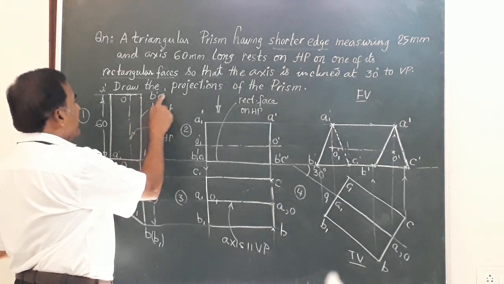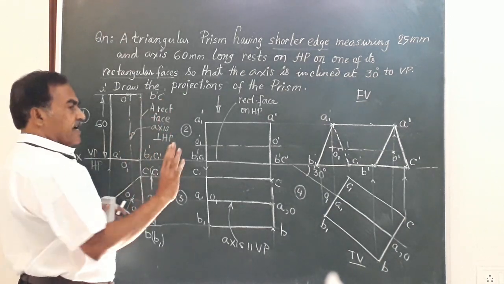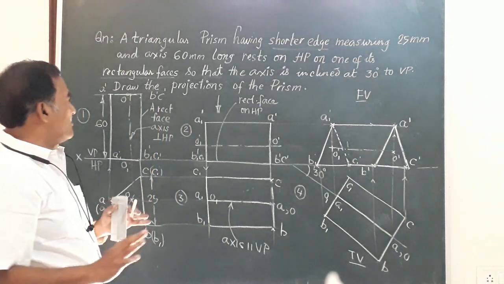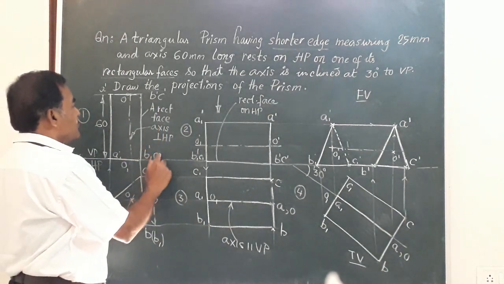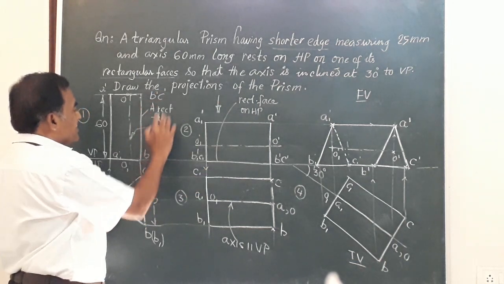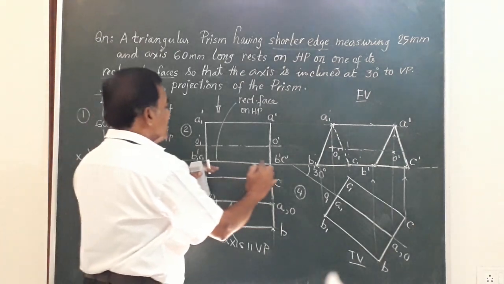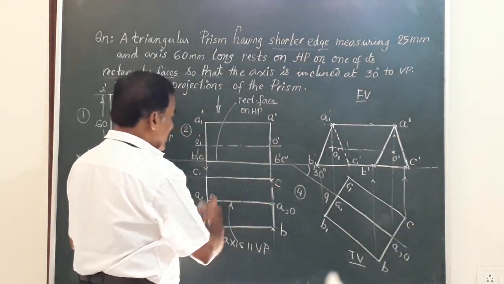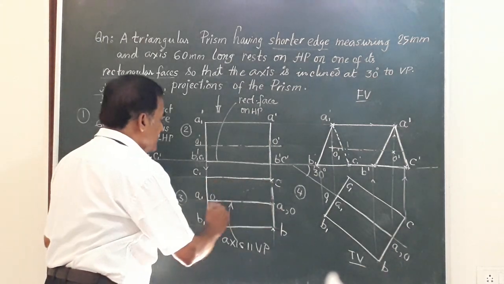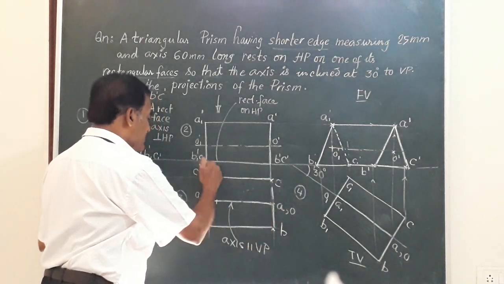B dash, C dash, B1 dash, C1 dash has got 4 points. It represents a rectangular face which is at 90 degrees to HP. That is redrawn with B dash, C dash, B1 dash, C1 dash resting on HP, and you obtain the top view. And in the top view, all the 3 longer edges were visible, and also the end faces were visible.